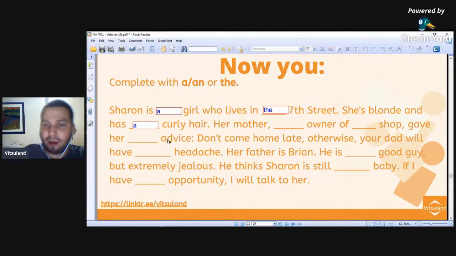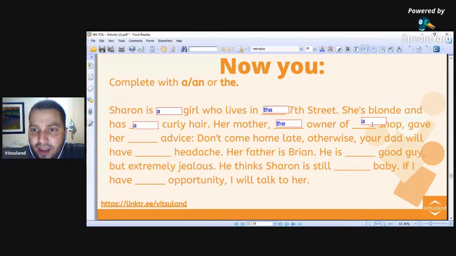The owner of a shop, okay, because we are specifying a characteristic, a charge, a responsibility, a duty of the mother. So the owner of a shop.